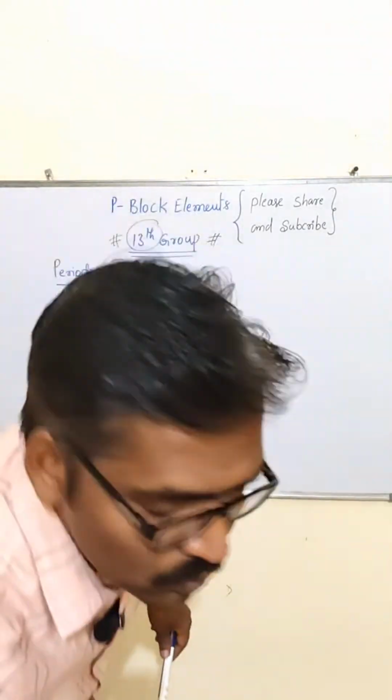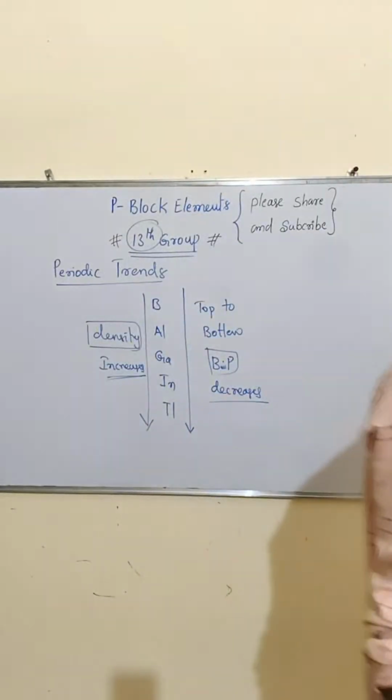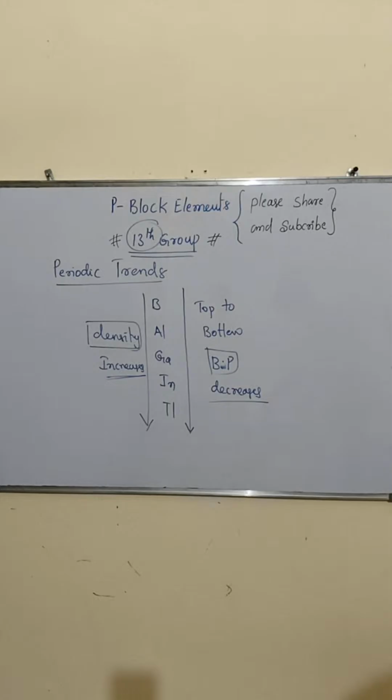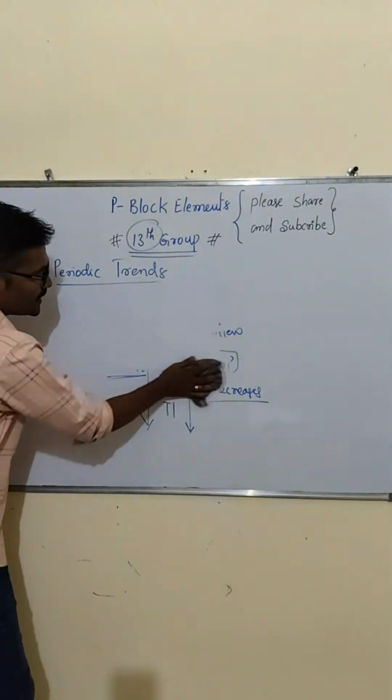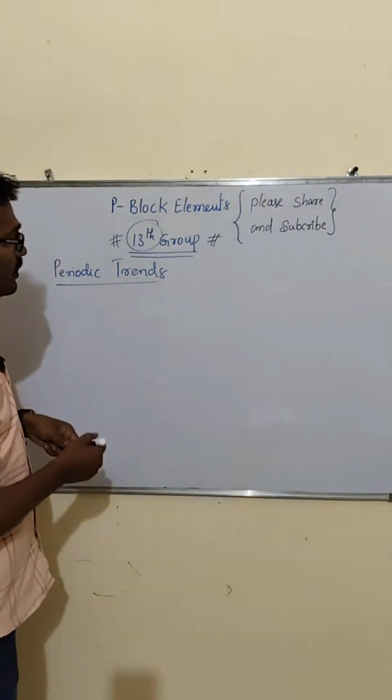So now we'll discuss the next one, the exceptions. So first, these two are noted, my dear students. First we have to discuss the atomic size from top to bottom.